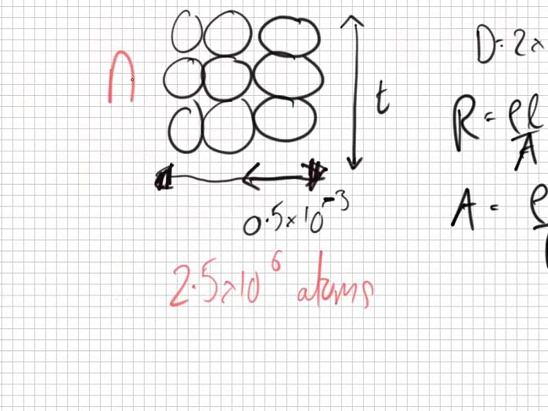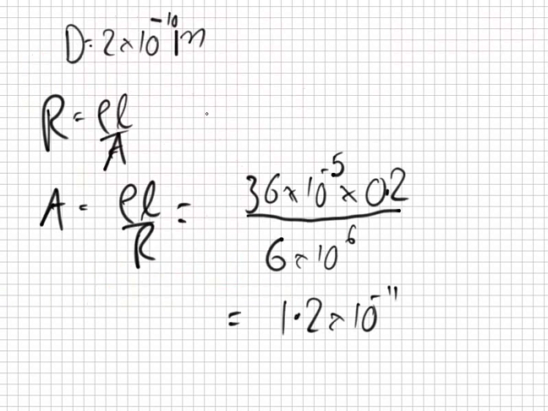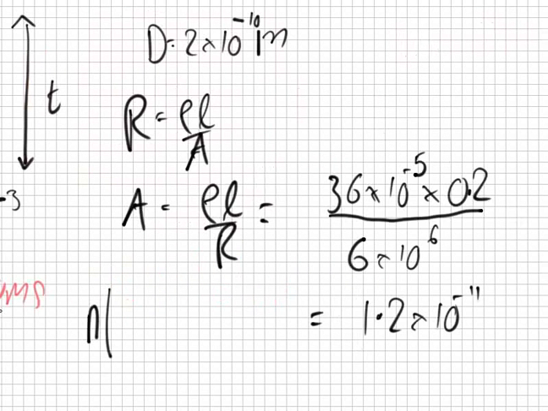So for example, if this was 4 and this was 3, you would have 12. So n times, what was that number I had there? 2.5 times 10 to the 6. And then what's the area of one circle? That would be pi r squared. Okay, so from this we can get the n now.